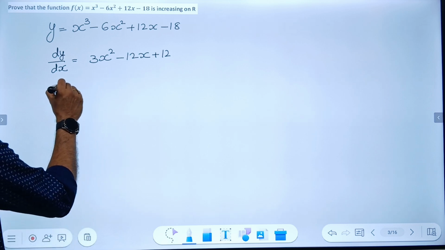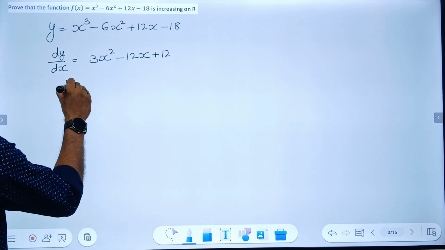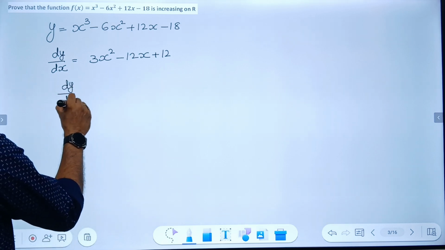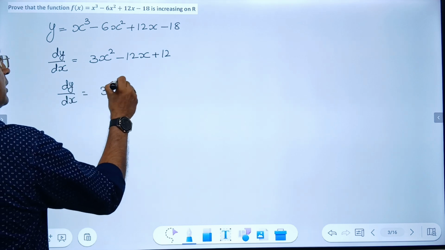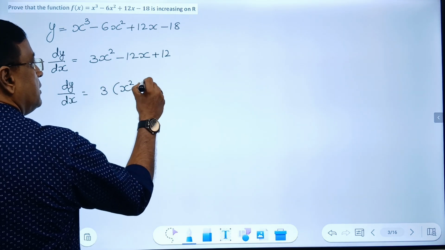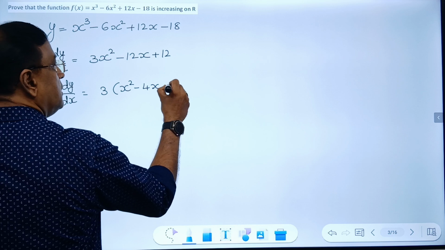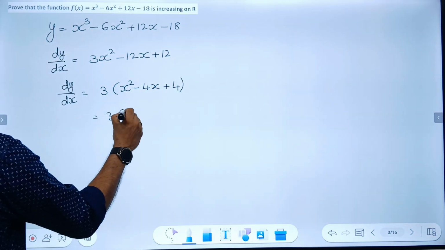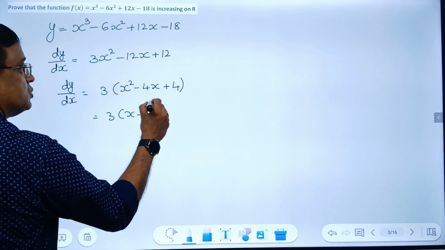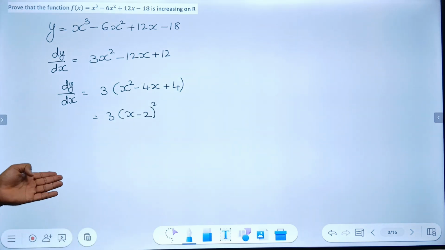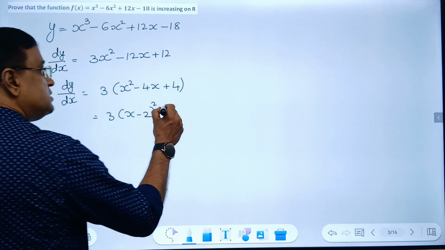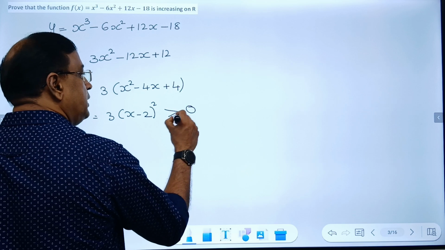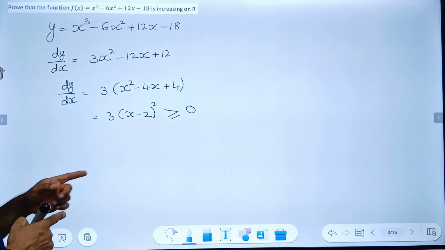Now what do you do? No need to equate it to 0. Instead I take 3 common. What do I get? x square minus 4x plus 4, which is nothing but 3 into (x minus 2) the whole square. And you know, 3 into (x minus 2) whole square is always positive. In fact, it will be equal to 0 when x is 2.